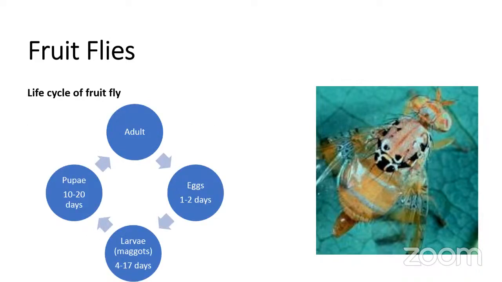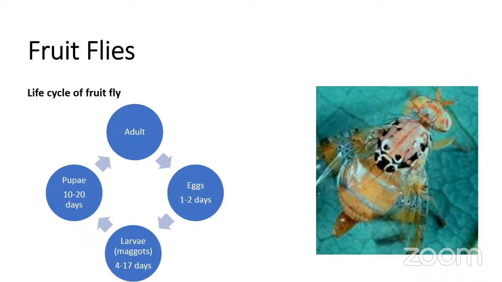Let's briefly look at the life cycle of the fruit fly. The male adult and the female adult will mate. And when they mate, the female will lay the eggs.